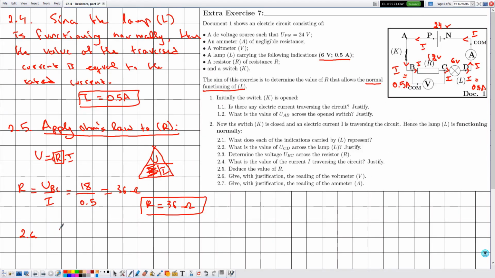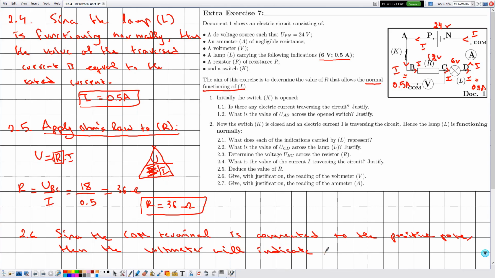So let's say, since the COM terminal is connected to the positive pole, then the voltmeter will indicate exactly the opposite, which is a negative reading.